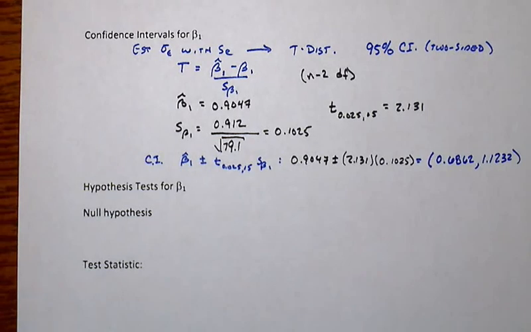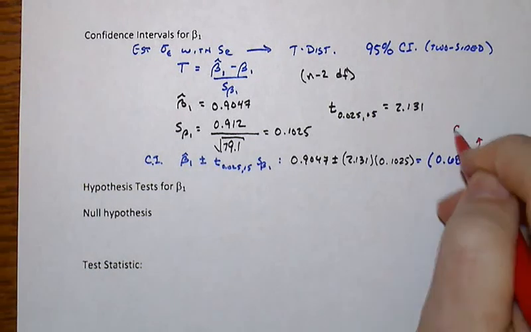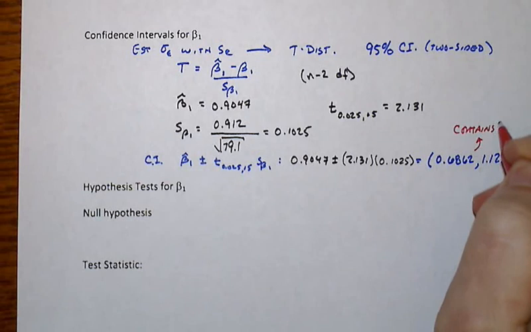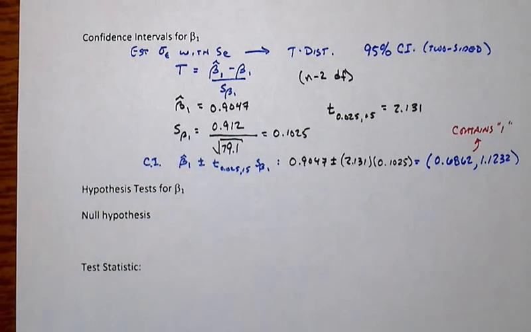And note that it contains the value of 1. The reason that's important in this case is because remember, this data was about discharge and recharge of an aquifer.